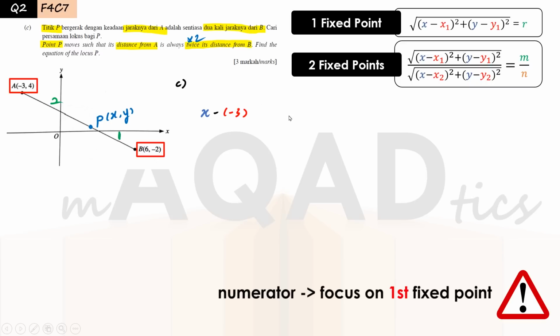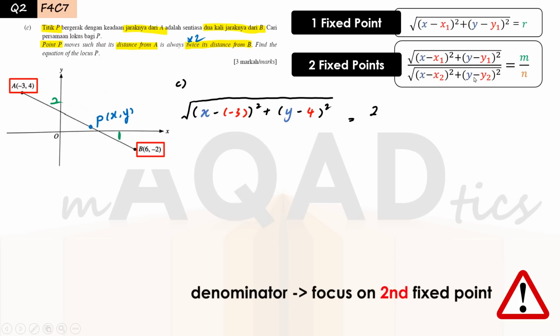Okay, and then we find the differences between the y coordinates, so it's y minus 4, and then we are going to square them, add them up together, and then square root to find the distance. So on the right side, we are going to find the distance, which we have already found, which is 2. Okay, so this is just focusing on the distance from point P to the first fixed point.